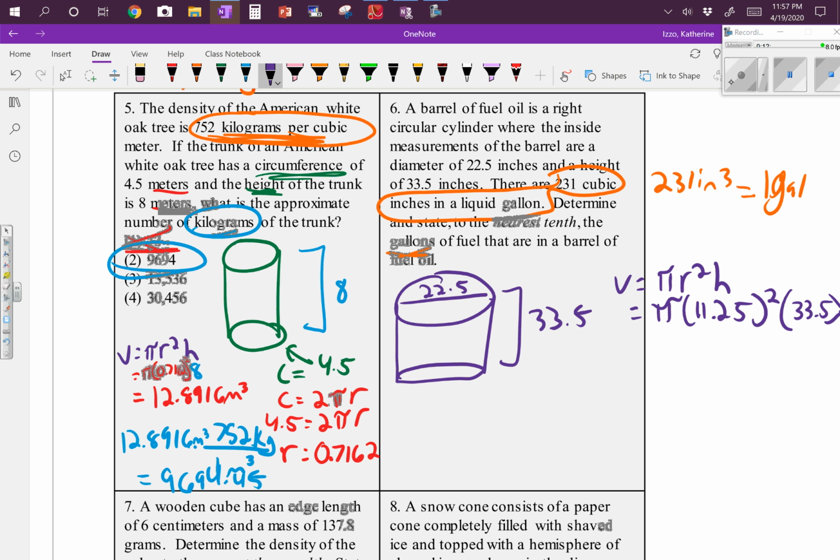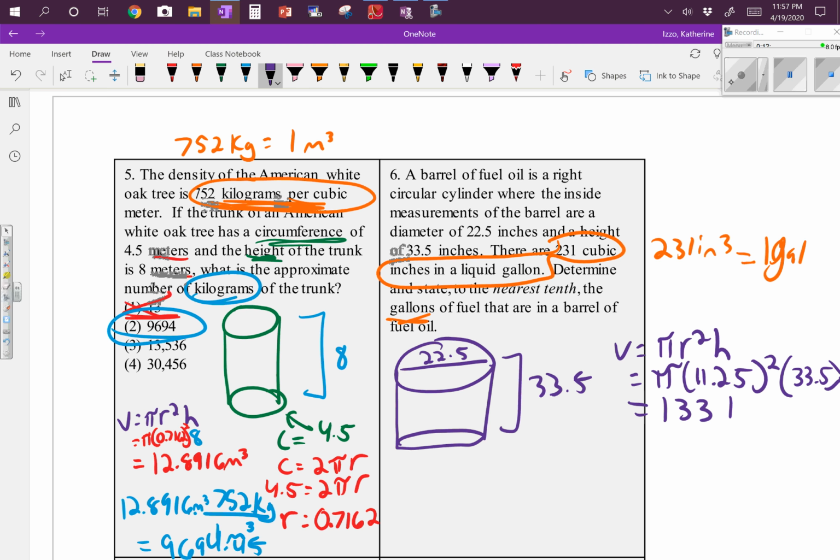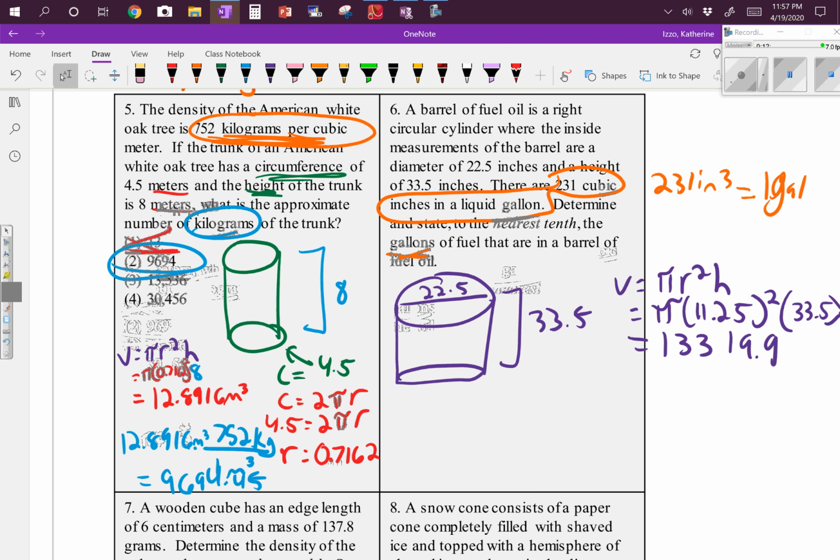We take that radius, square it, and multiply it by 33.5 and by pi, and we should get a very large answer, which makes sense because it's a very big barrel, and we are not done. Unfortunately, we have to take this rather large answer, and this is in inches cubed.